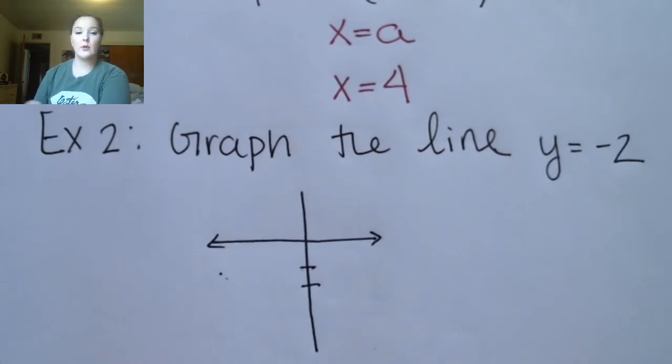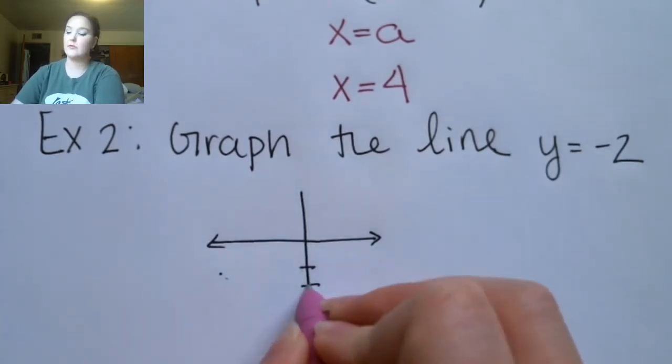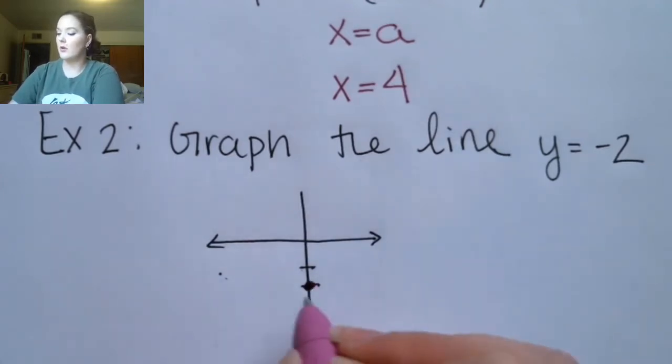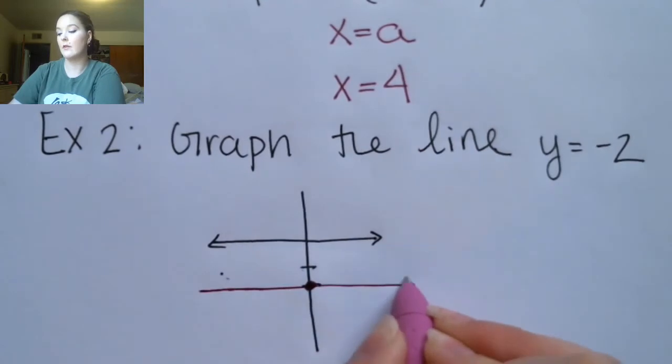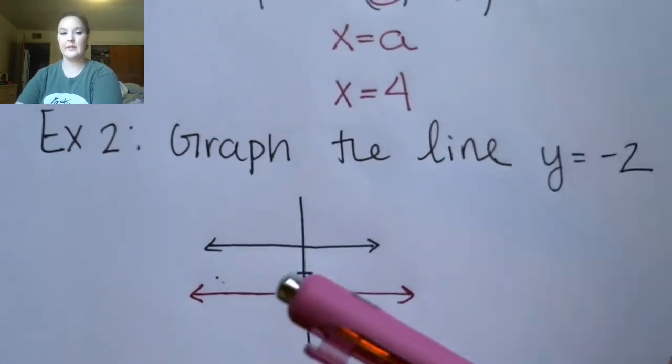So we're going to go to any point where y equals -2. This is a point where y equals -2, and then we're just going to draw our horizontal line. So that's just a quick reminder of how to write the equation of those lines and how to graph those lines.